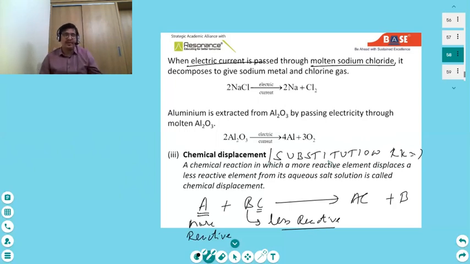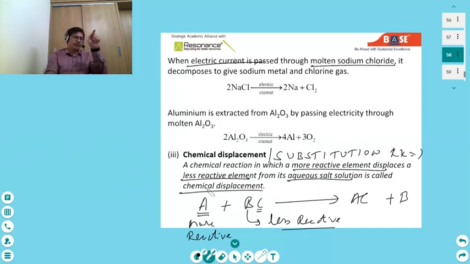How do we know which is reactive and less reactive? In the next slide we will see the reactivity series. Let's see the definition first. A chemical reaction in which a more reactive element, which has the tendency to give out electrons more easily, displaces a less reactive element, a metal or element which does not give out electrons that easily, from its aqueous salt solution is called chemical displacement.